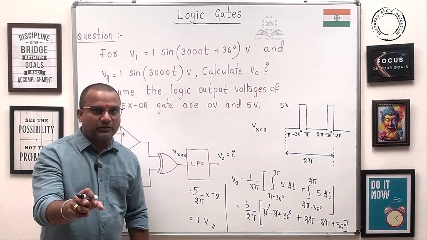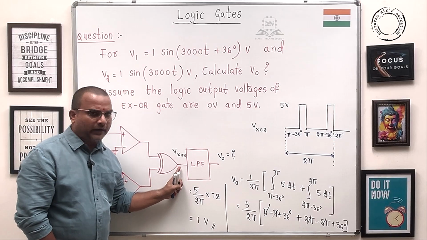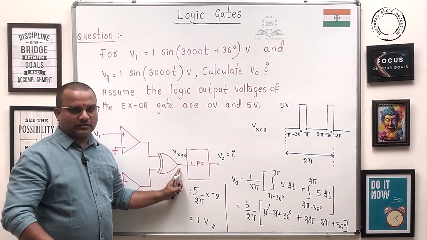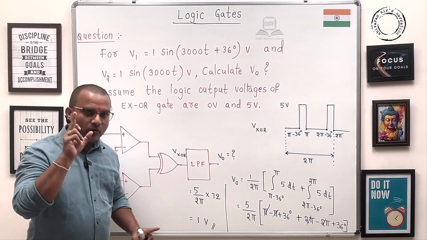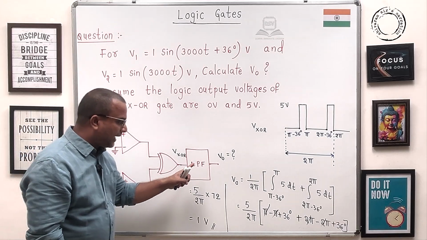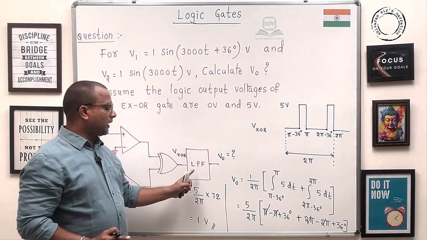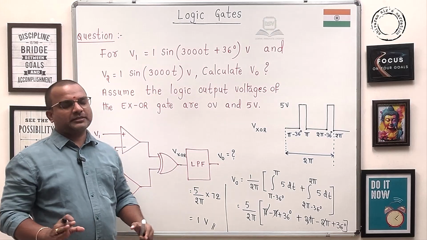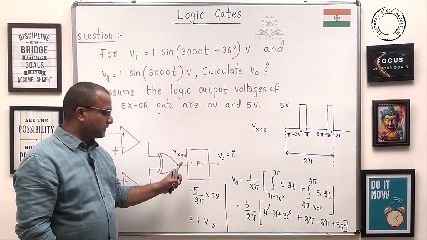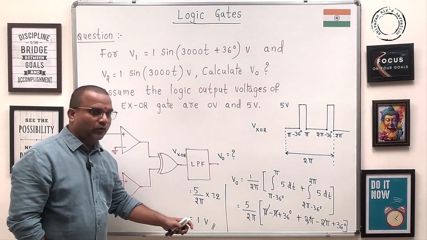Sometimes they can ask you to draw the output waveform at point P, like that also they can ask. At the same time, there are more chances they expect you to calculate the average value and they won't reveal it. They tell you the output of the low pass filter, which is simply the average of its input signal. So coming to this question, the answer is 1 volt.